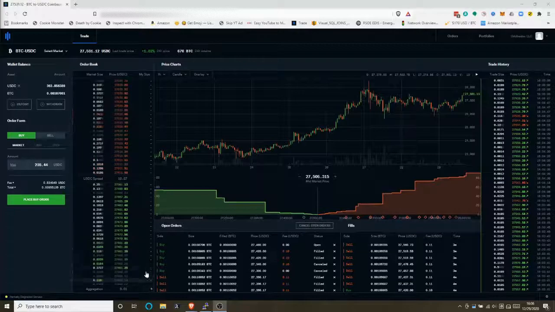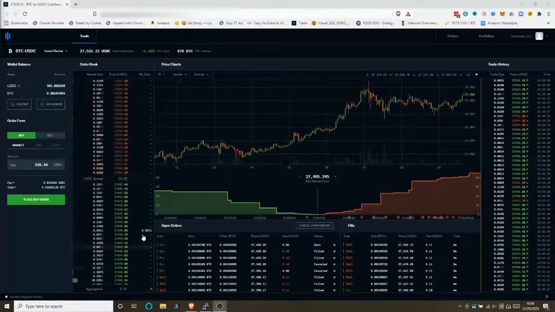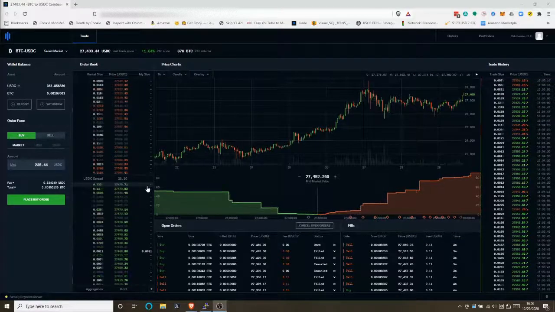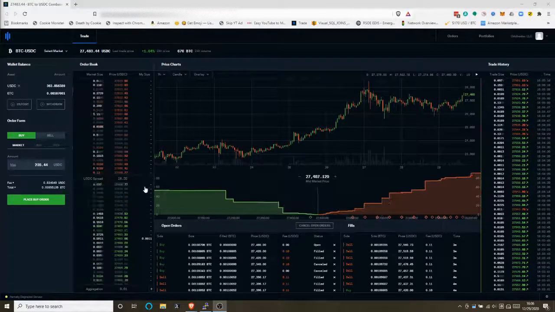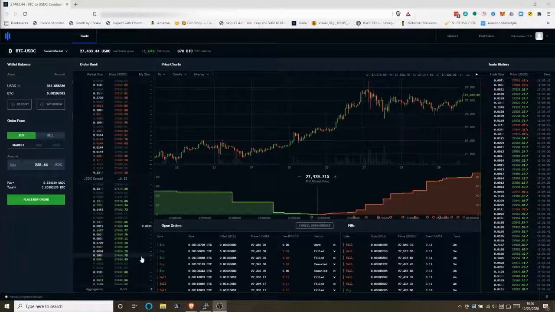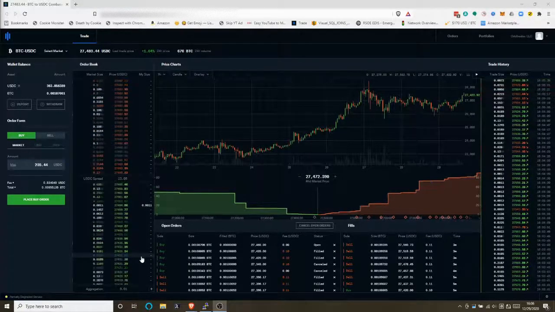But every now and again you'll see this white price go up. That's my order getting close to the top of the buy side. When it gets to the top, eventually somebody will place a sell order that fills my buy order. That's kind of how the matching engine works, it matches buyers to sellers.